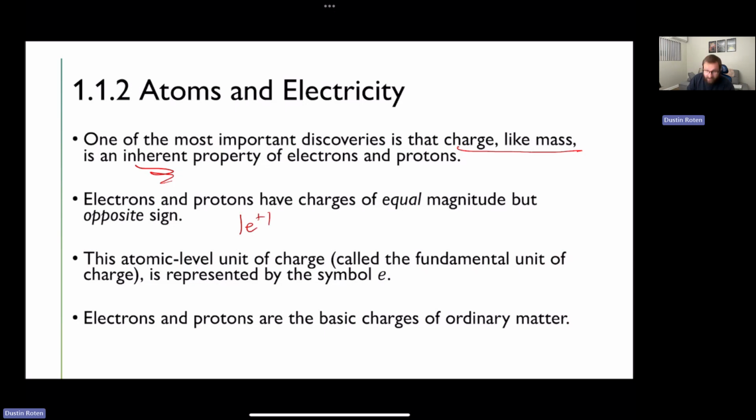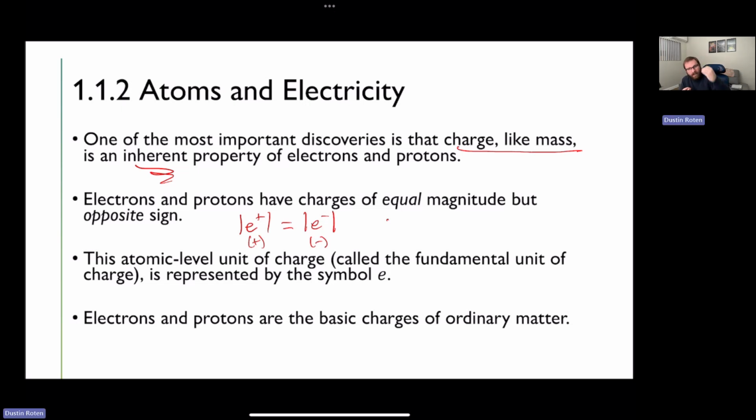The magnitude of the electron charge is equal to the value of e. The e values are the same. It's just one of them's positive and one of them's negative. So without the absolute value signs, the proton is a positive number, the electron's a negative number.